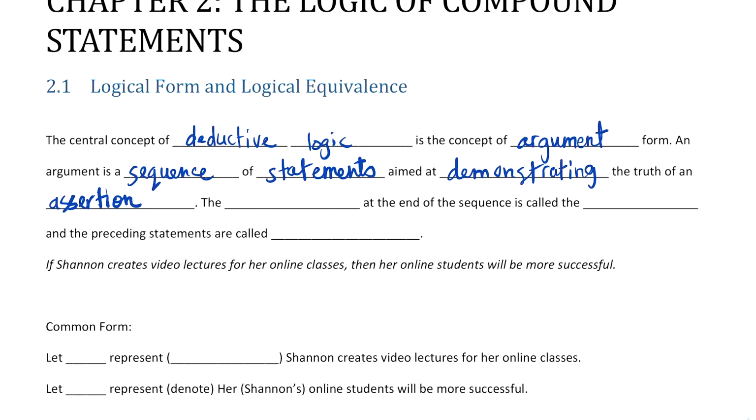The assertion at the end of the sequence is called the conclusion, and the preceding statements are called premises.